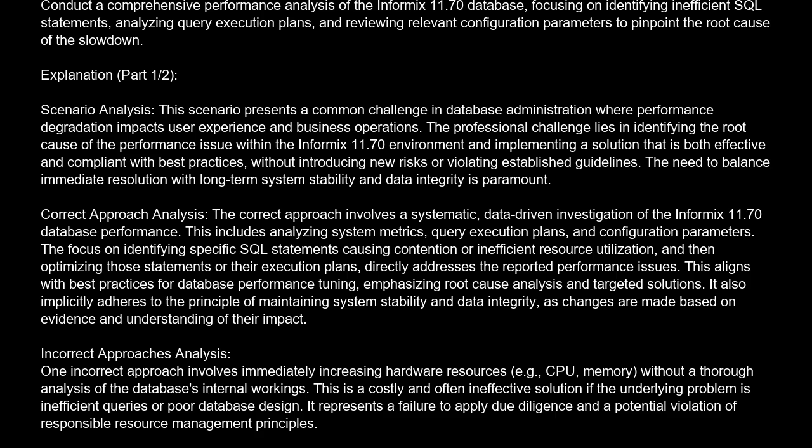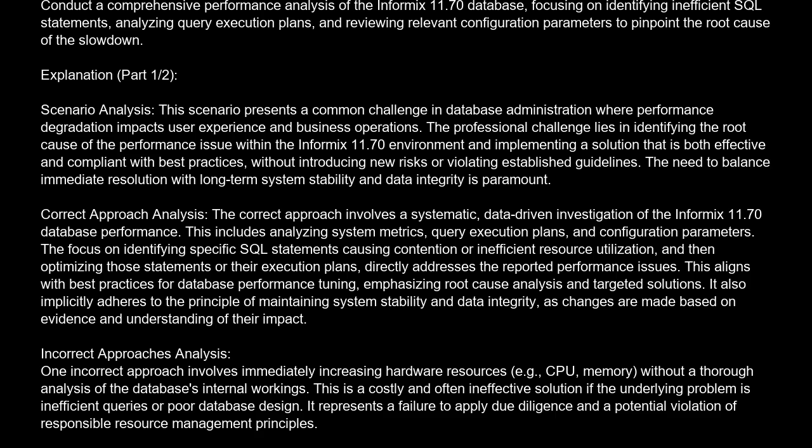Correct approach analysis. The correct approach involves a systematic, data-driven investigation of the Informix 1170 database performance. This includes analyzing system metrics, query execution plans, and configuration parameters. The focus on identifying specific SQL statements causing contention or inefficient resource utilization, and then optimizing those statements or their execution plans, directly addresses the reported performance issues.